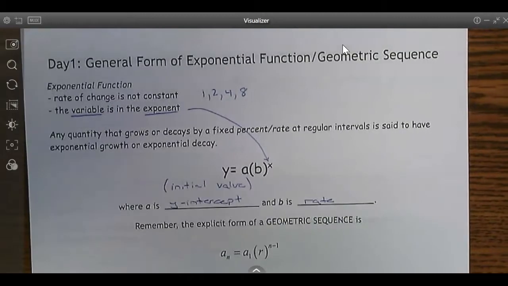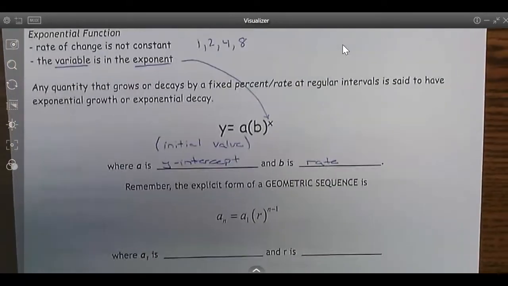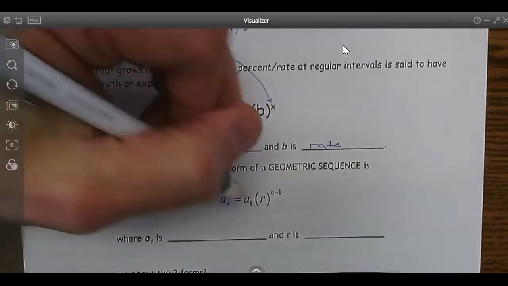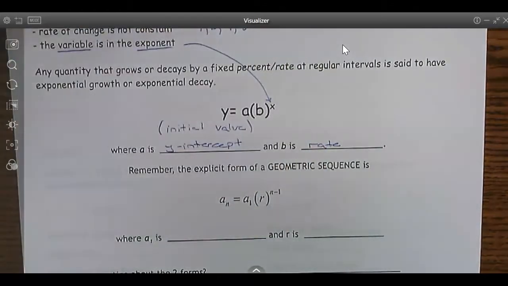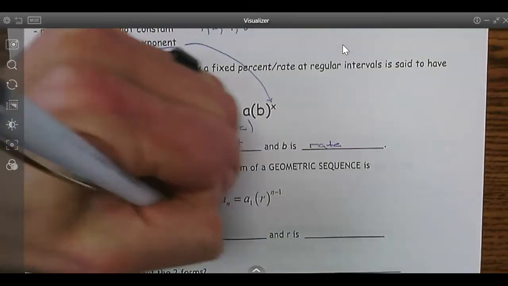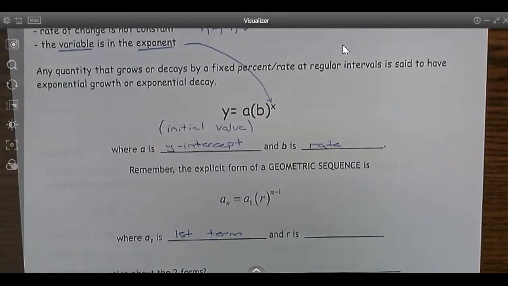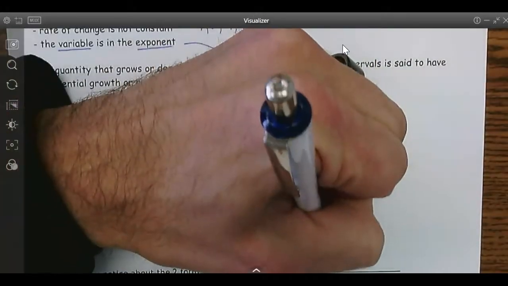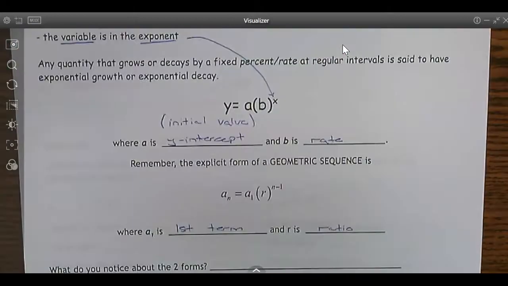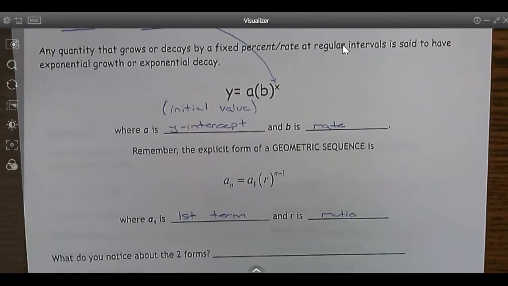So you're going to see how this ties into a geometric sequence right now. This was the explicit form for a geometric sequence. A sub 1, if you recall, was the first term, and R was your common ratio, what you were multiplying or dividing by. So what do you notice?